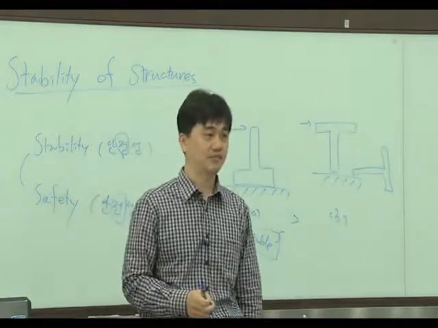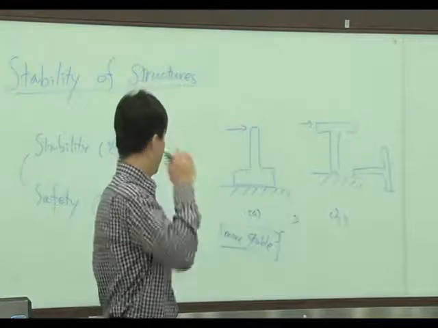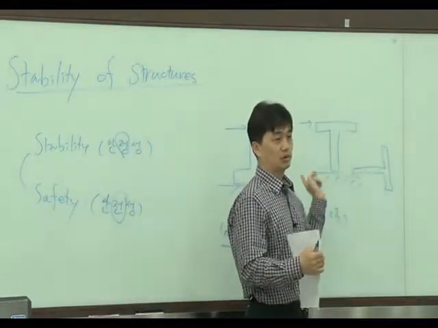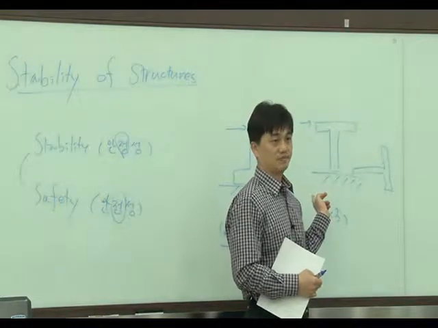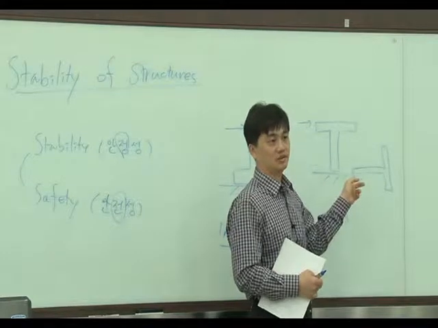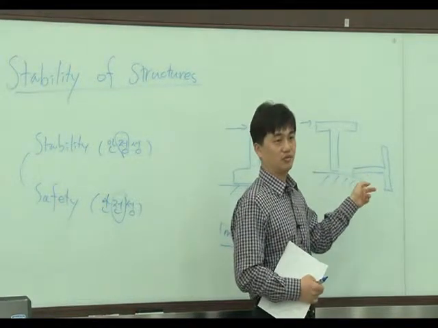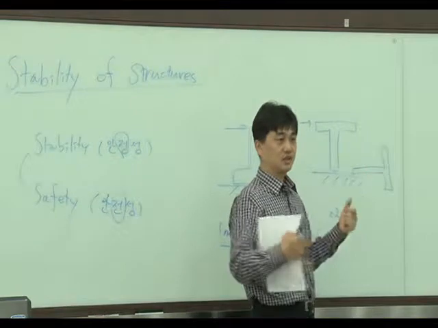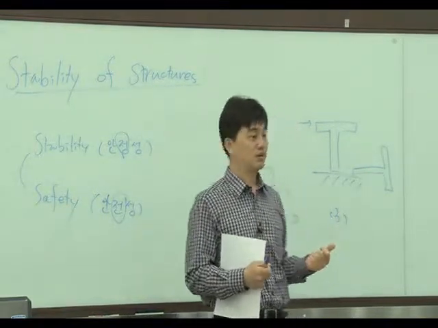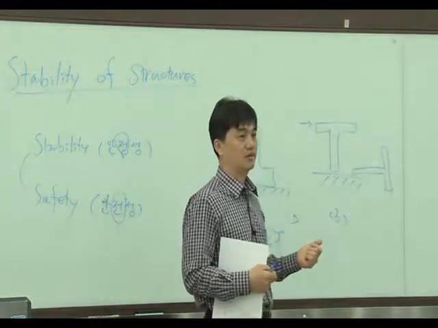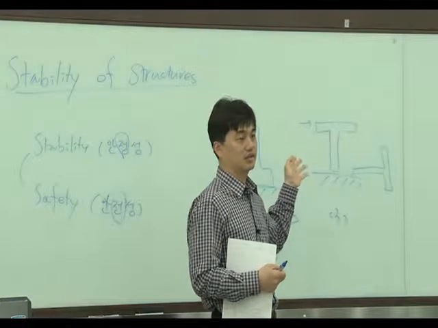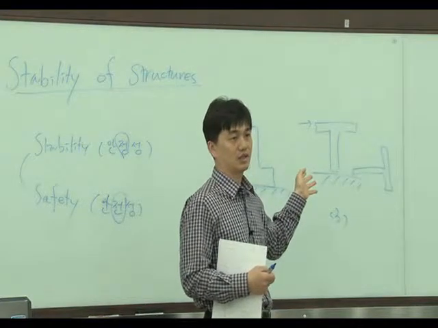This is the concept. This falling down is also failure, right? This is not a failure of material, not a failure by yielding of a member or material. This is a totally different thing. It's really related to the geometry.